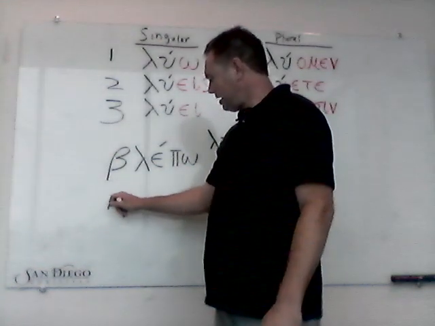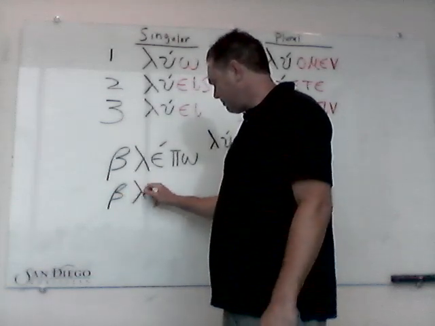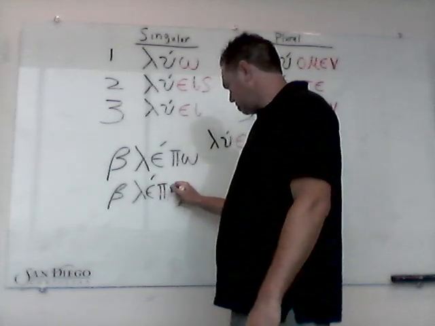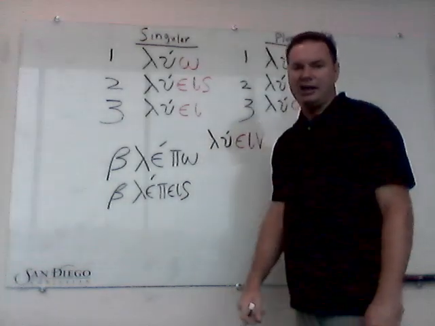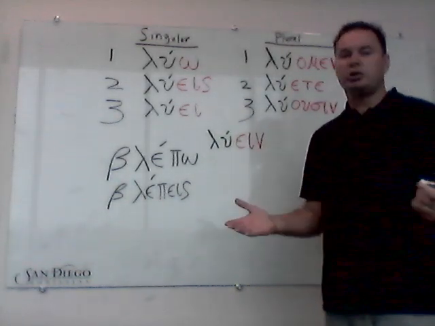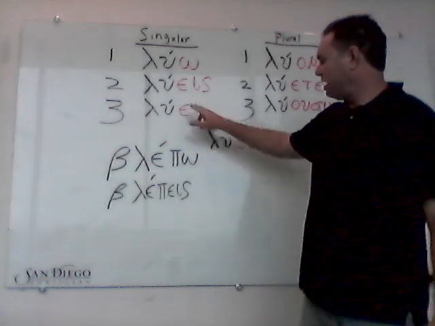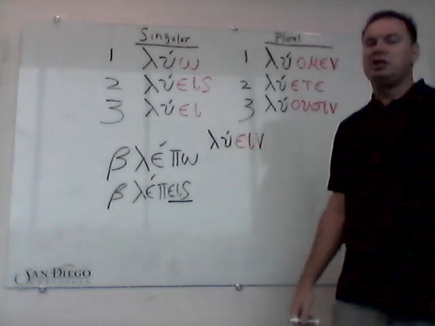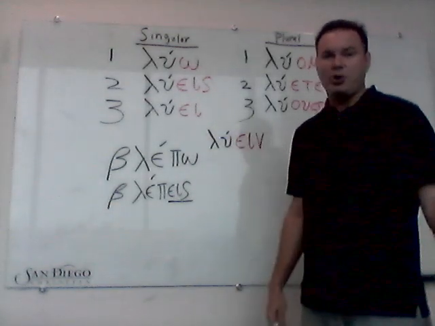But if we were to say blepeis, what would that mean? You know, you're right. Blepeis would then be you see, because we take the same ending and plug in right here, and it becomes a second person singular present active indicative of blepo.